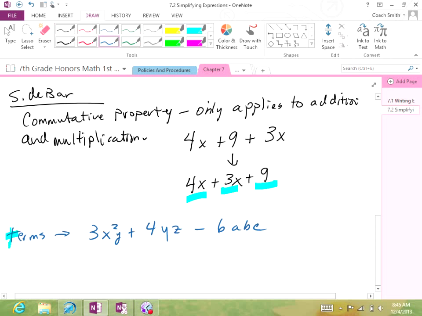But there's still only 1, 2, 3 terms. Even though this one down here has multiple letters, it doesn't matter. You still only have 3 terms. Are any of them the same? No, there's not.